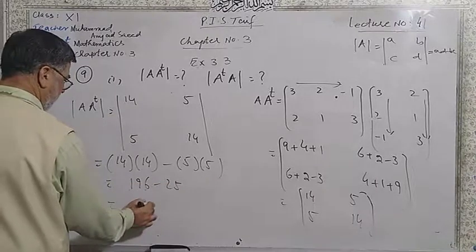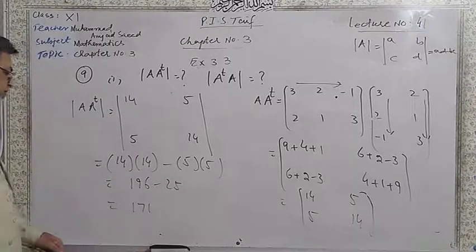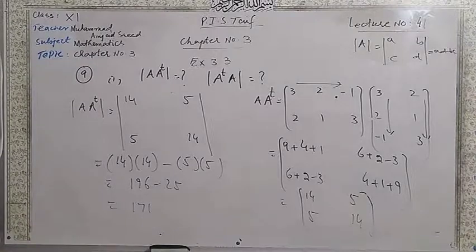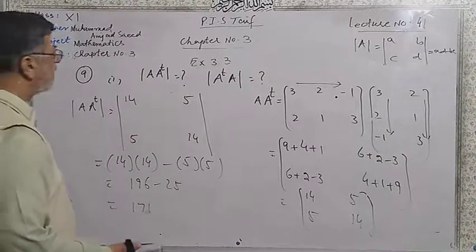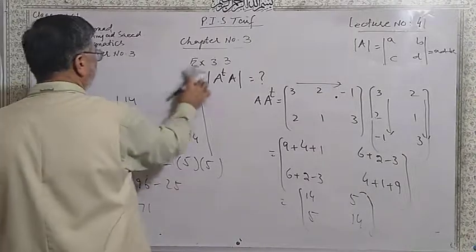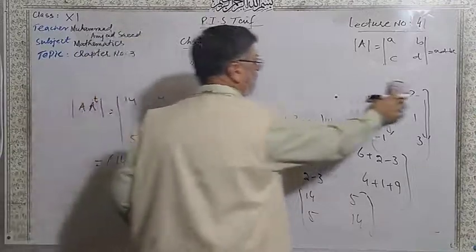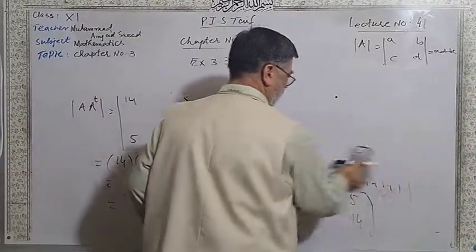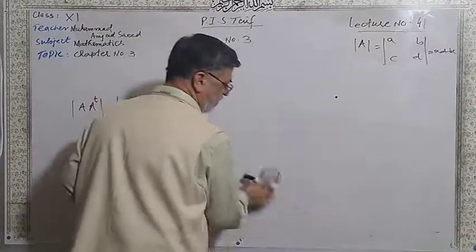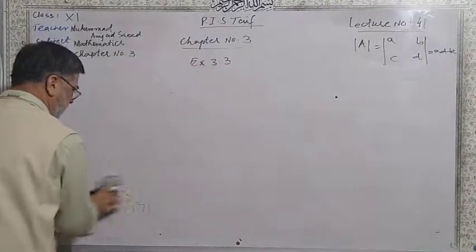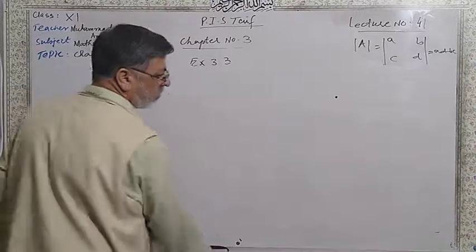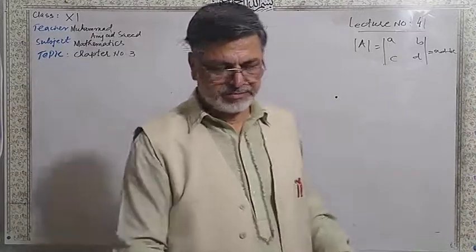Here is 171. Yes, 171. So this is your answer. This is the way to solve our question. First you will multiply them, and then in the second step you will find the determinant.